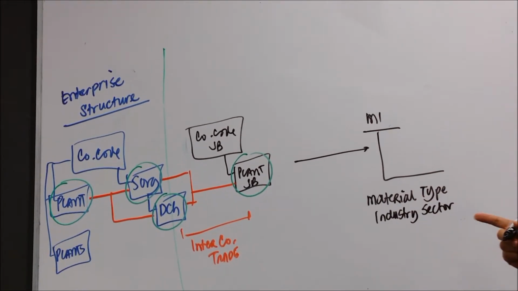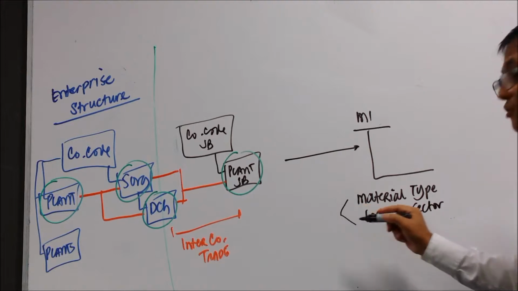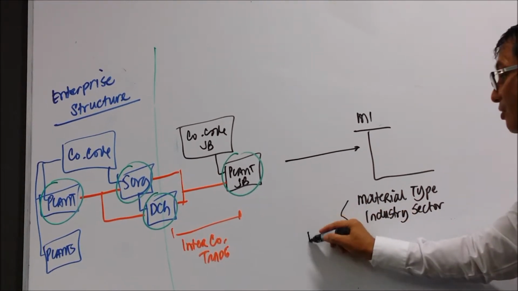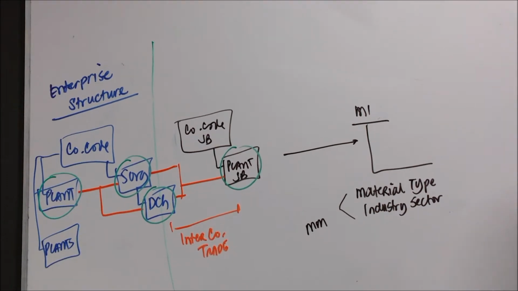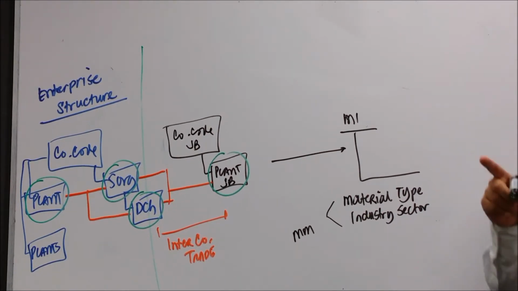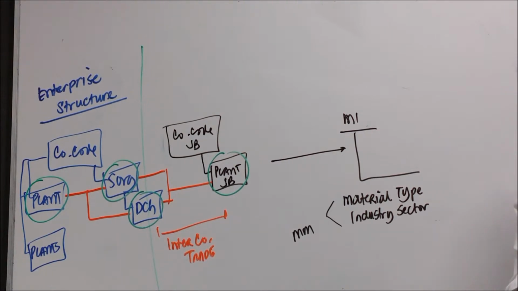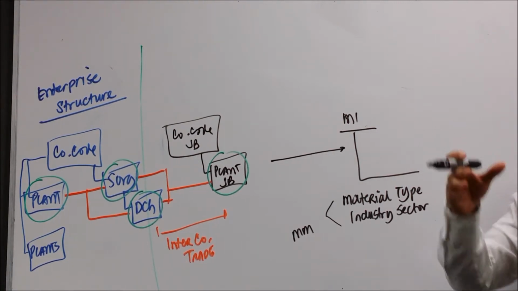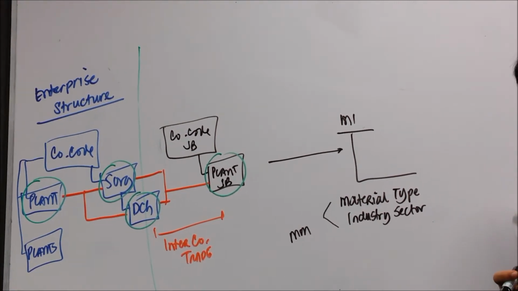I cannot explain the IMG for this because this is not SD's domain. This one is under MM, right? So I was only able to go to the IMG for the account group for the customer master. For this case, it's a bit complicated because there are several combinations that you have to consider.